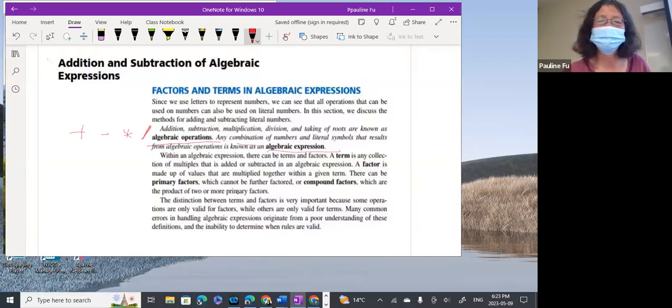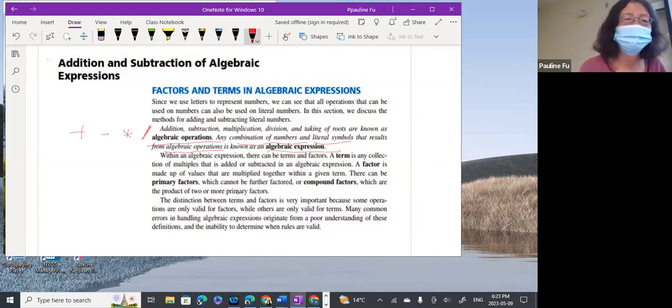The combination of numbers and literal symbols that results from algebraic operations is an algebraic expression. So for example, I give you x plus 2. This is an algebraic expression, and this plus is an algebraic operation.